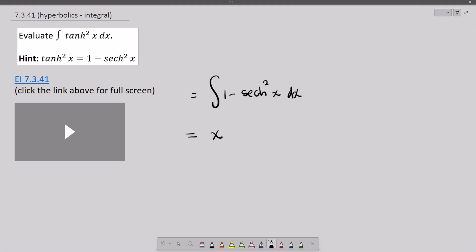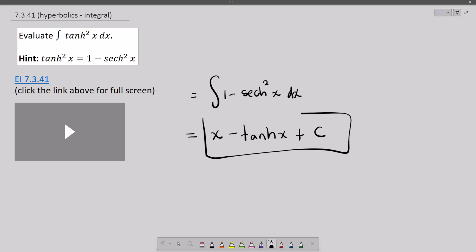Sinh, cosh, tanh all differentiate to positives. The derivative of tanh is going to be sech squared. So this will be x minus tanh of x. Yeah, good. Makes sense to everyone?